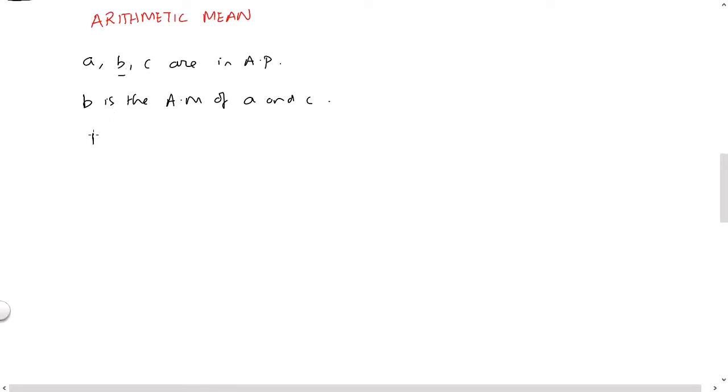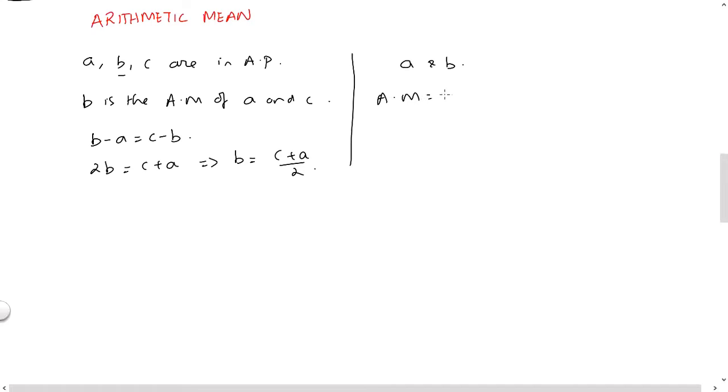So we can write b minus a is equal to c minus b. We'll bring b this side, we will get 2b is equal to c plus a, which is b is equal to c plus a by 2. So if we have two terms, even if they are a and b, then the arithmetic mean between a and b is simply given by the formula arithmetic mean is equal to a plus b by 2.